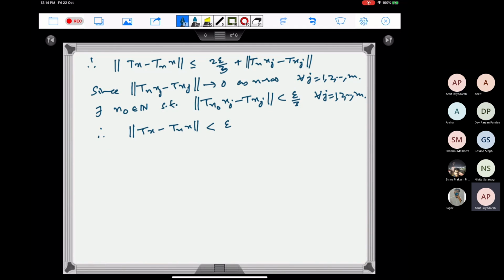This implies that the norm of Tn minus T is less than epsilon.